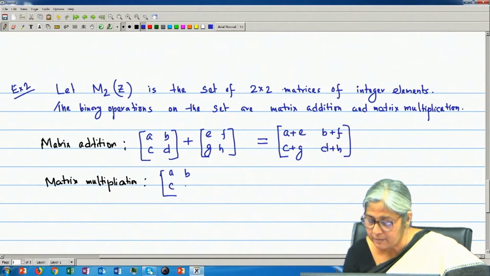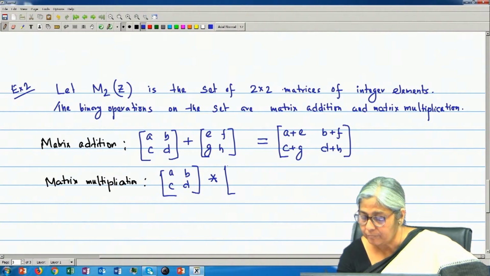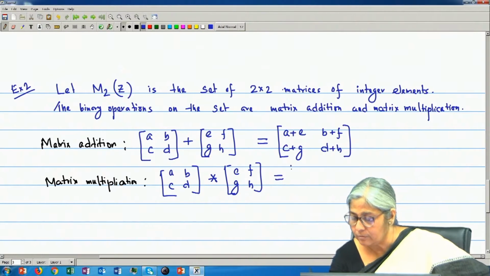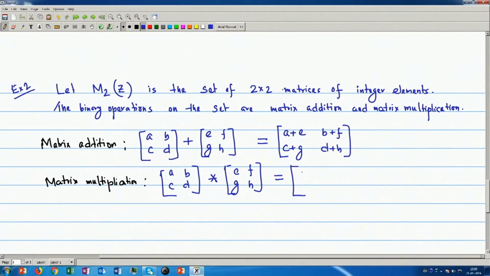If I take the same matrix [A B; C D] multiplied by [E F; G H], it equals, we know, AE plus BG, AF plus BH, CE plus DG, CF plus DH. This is my matrix multiplication.